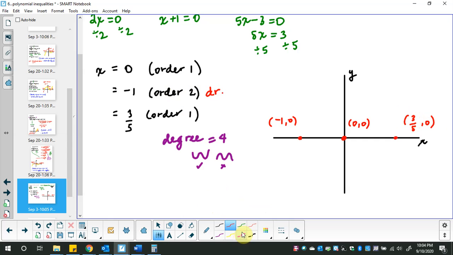So that means at -1, I'm stuck doing the bounce like that or the bounce like that. So which one is going to make this shape instead of this shape? And I think it's green. So let's see if I can do it before I erase anything.